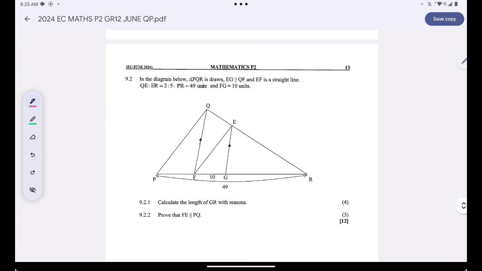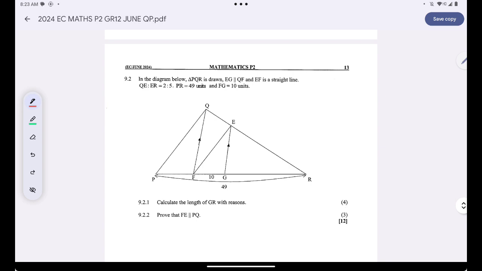Now, okay, 9.2, we are given a diagram below, and triangle PQR is drawn. EG is parallel to QF, and EF is a straight line. The ratio of QE to ER is 2/5.